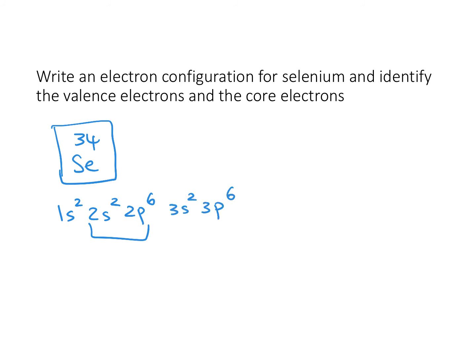I know here I have an exception, so I write 3d10 here. And then I know, you see, n equals 3, I have 3 subshells, s, p, d. And then I have here 4s, the maximum number of electrons is 2. After 4s, I have 4p, 6. So this one is universal.